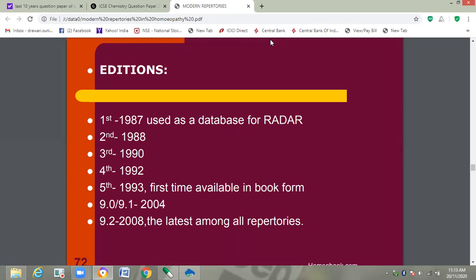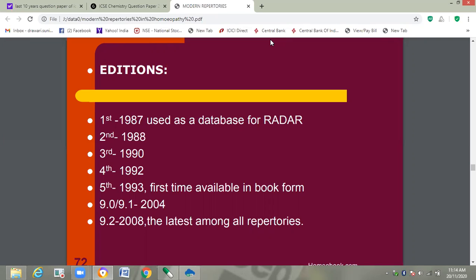So while comparing with Kent's original repertory, about 1,36,000 new additions were made by about 130 authors throughout the world.